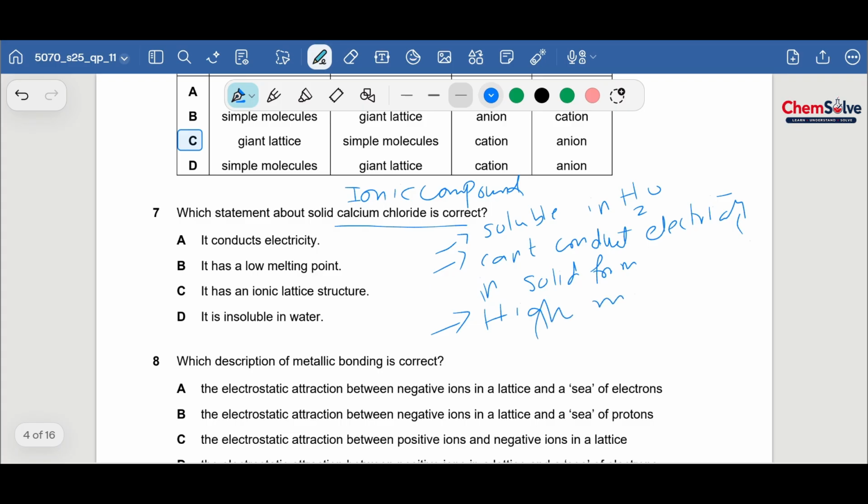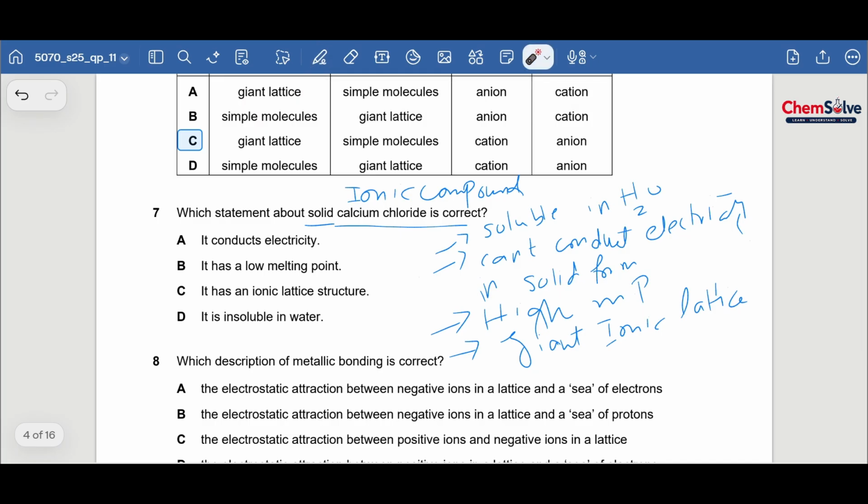They have high melting point and boiling point, and they have giant ionic lattice. Okay, so option A says it conducts electricity. Okay, it is solid, and we have just discussed that a solid can't conduct electricity.